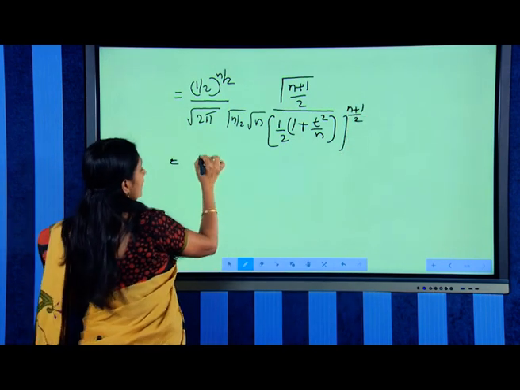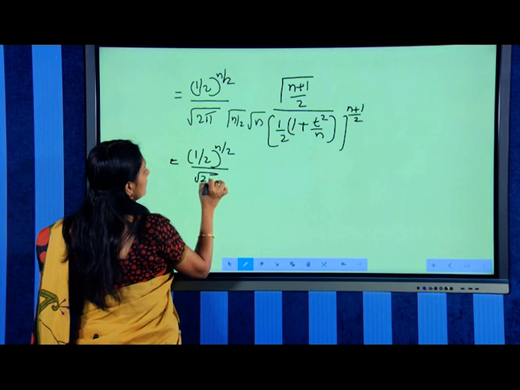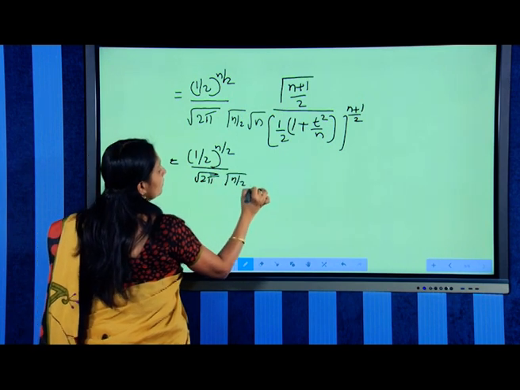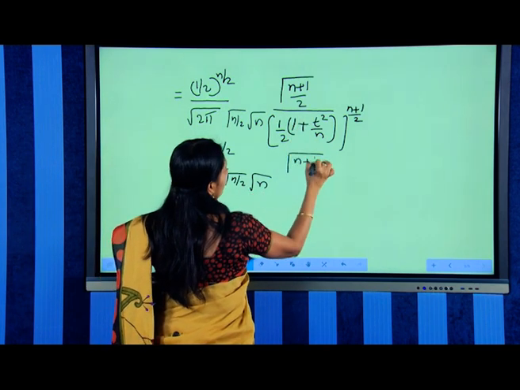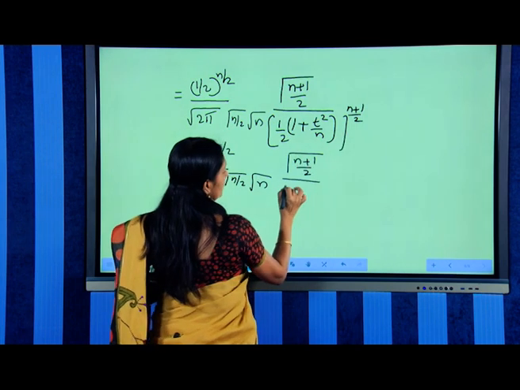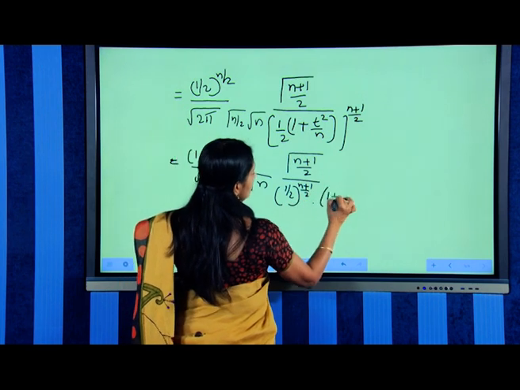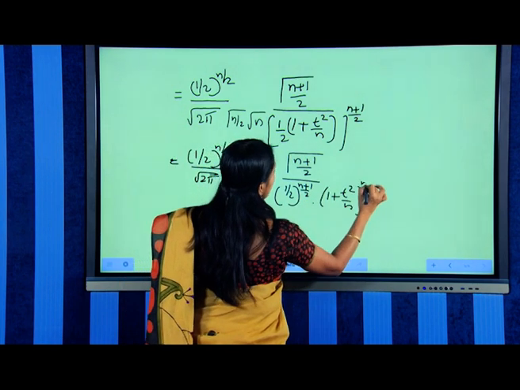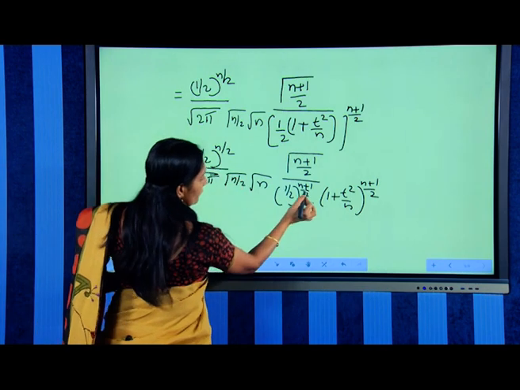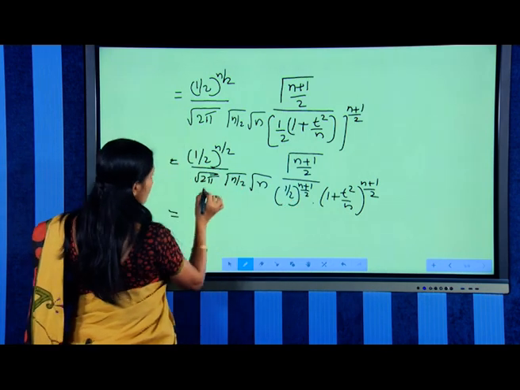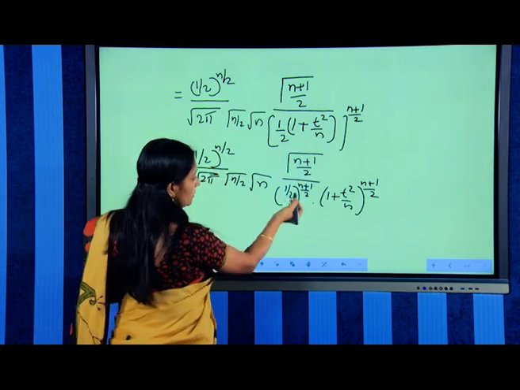That is equal to, simplifying this, we get 1 by 2 to the power n by 2 divided by root 2 pi gamma n by 2 root n, gamma n plus 1 by 2, and this is 1 by 2 to the power n plus 1 by 2 into 1 plus t square by n to the power n plus 1 by 2. Here we have 1 by 2 to the power 1 by 2, and 1 by 2 raised to n by 2 is here; here also you have 1 by 2 raised to n by 2, these two terms are cancelled.